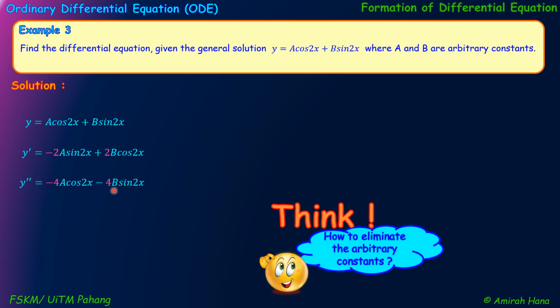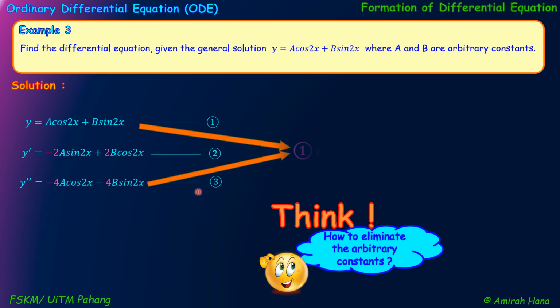Then we need to think how to eliminate constants a and b. First, we name y as equation 1, y prime as equation 2, and y double prime as equation 3. Now look at equation 1 and equation 3. In equation 1 we have cos 2x with constant a, and in equation 3 we also have cos 2x with constant a.